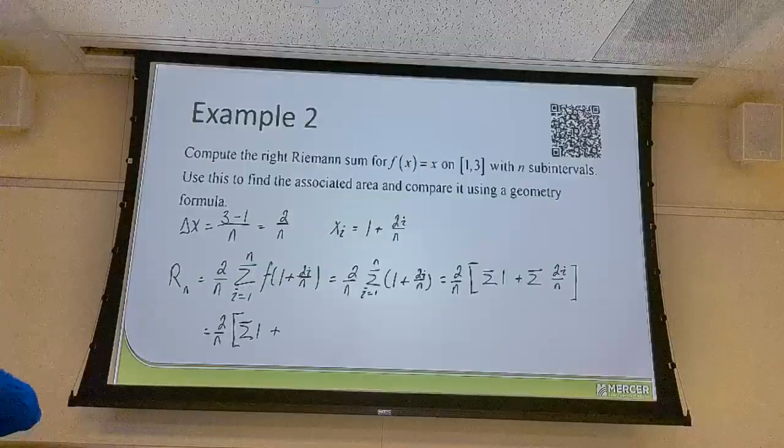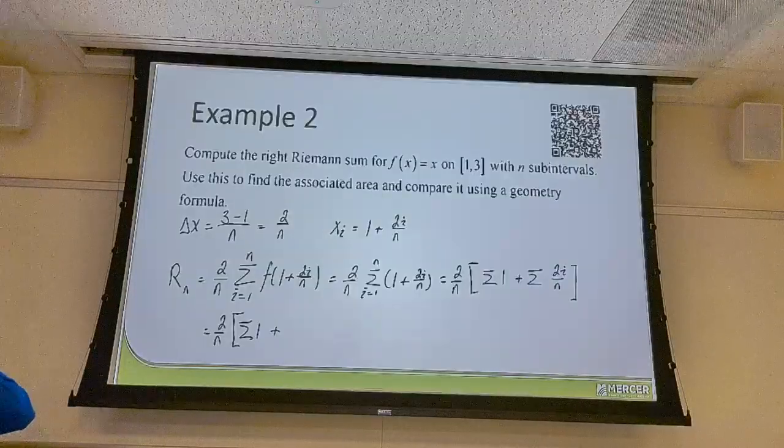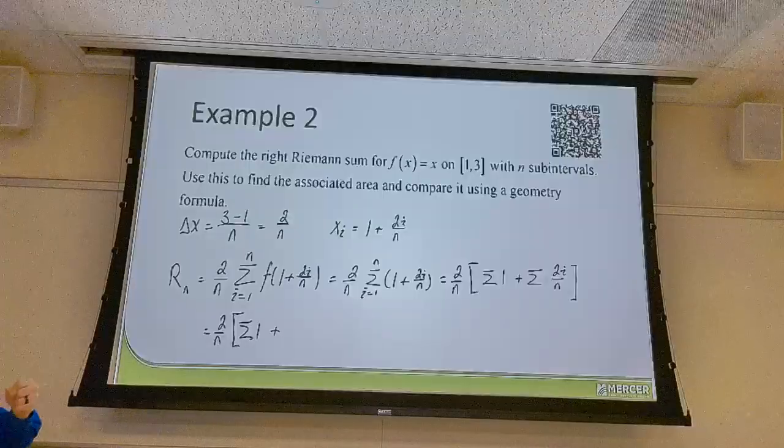So we can split it across the sum, right? But that 2 over n, in terms of the summation, that's constant, isn't it?